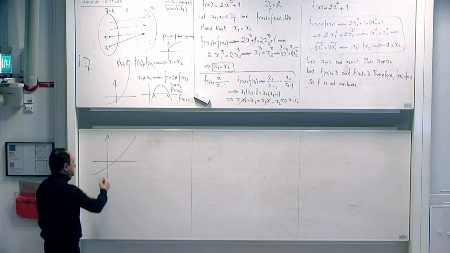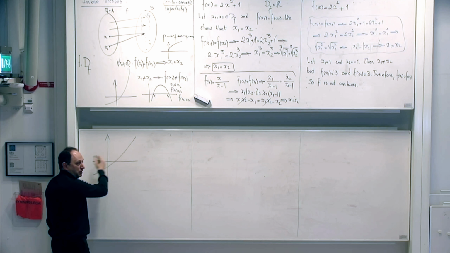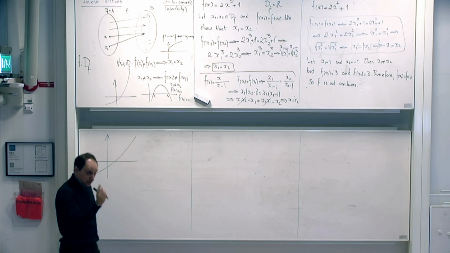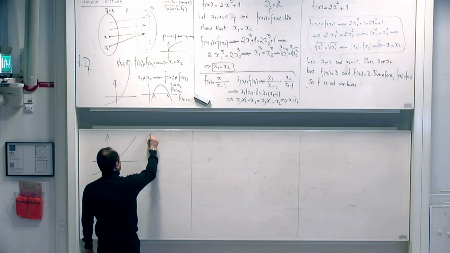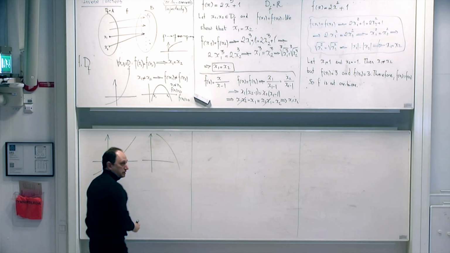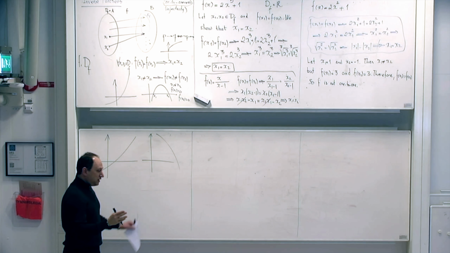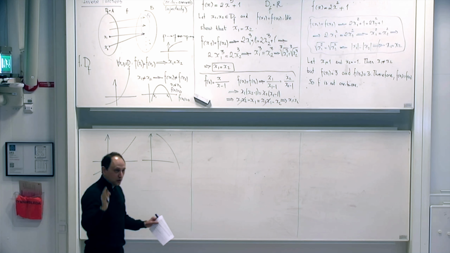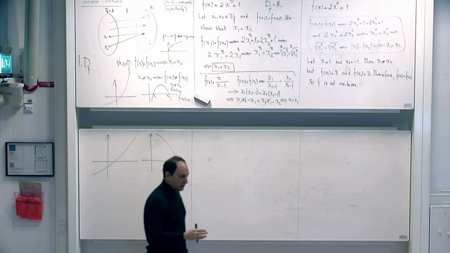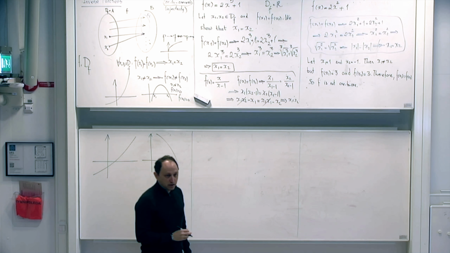Intuitively, it means that if I draw any horizontal line, it either will not intersect the graph at all, or if it intersects, it will intersect at one point. Yes, it will, and of course the other way around as well. If I know that my function is strictly increasing all the time, or strictly decreasing all the time, I can conclude that the function is one-to-one.